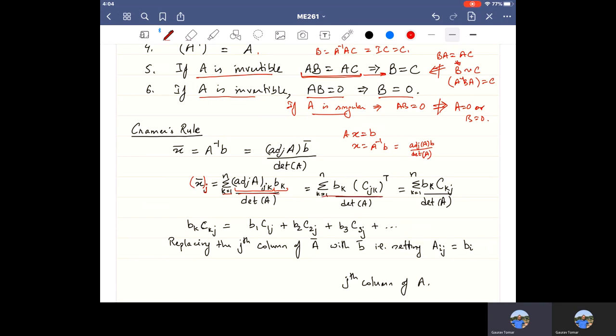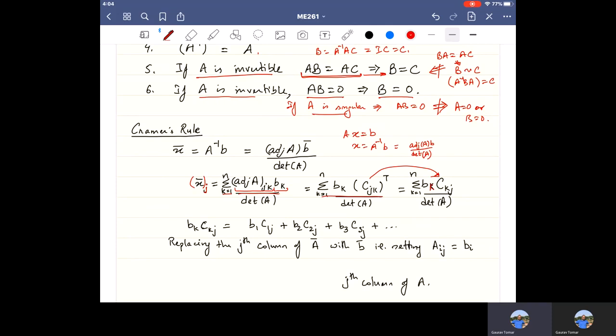So you can say this is bk into, as we had seen, the adjugate of A is essentially the transpose of Cjk. So you can write this as Cjk transpose, which is nothing but Ckj. So you can write this as bk into Ckj.